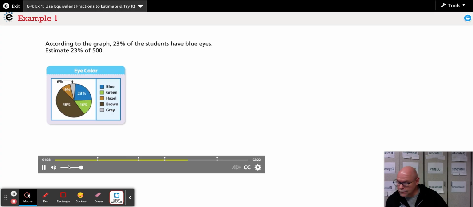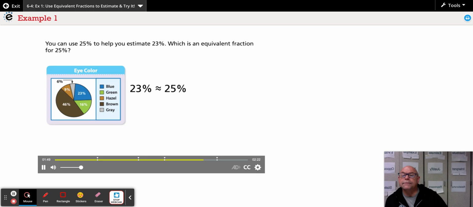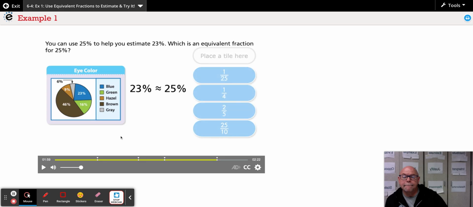According to the graph, 23% of the students have blue eyes. Estimate 23% of 500. You can use 25% to help you estimate 23%, which has an equivalent fraction. Select your answer.